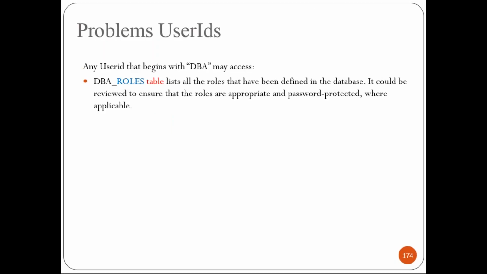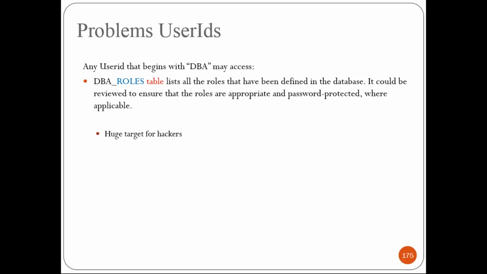Another table that's sensitive is the DBA roles table. It lists all the roles that have been defined in the database. It's a huge target for hackers. Basically, it has what you can do inside the system. And this can be a big deal. When somebody's deciding what kind of role or user they want to adopt or steal in the system, one of the things that's highly attractive, of course, is one that can do a lot in the system.